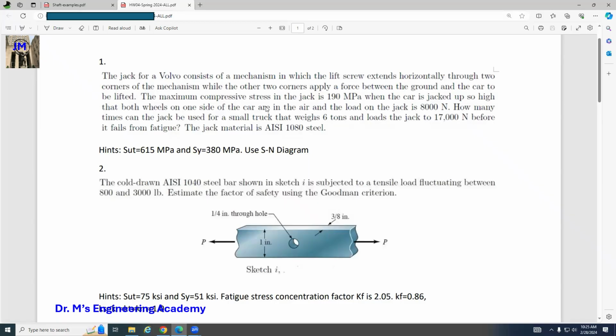Then sigma is proportional, and sigma equals 17,000 multiplied by 190 megapascal and divided by 8,000 Newton. You guys agree? So here it gives me some value. I will give these values to you. You calculate it.